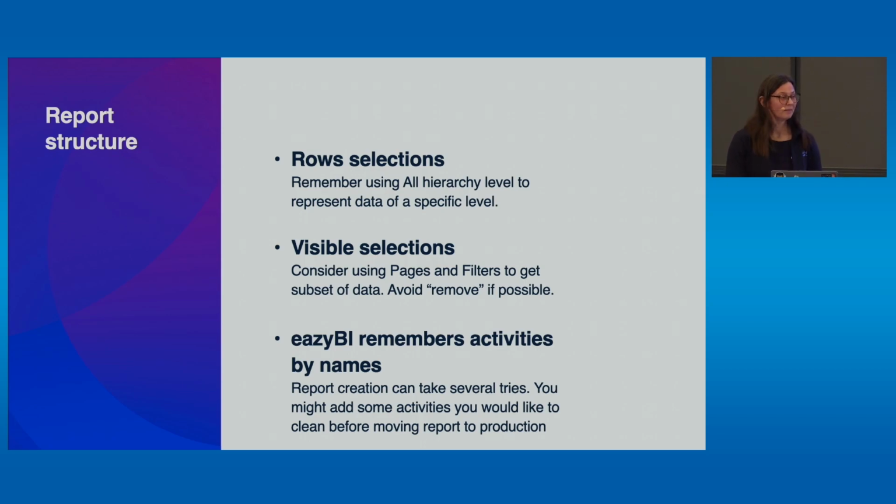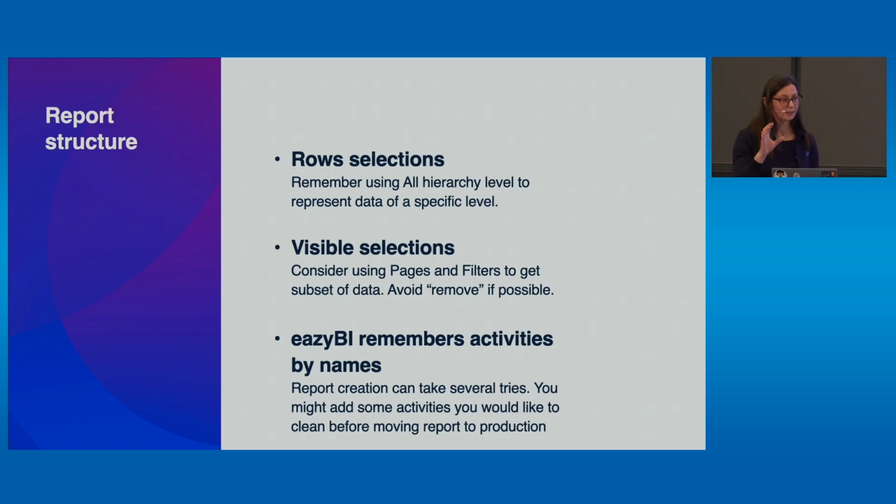So remember report selections. While I mentioned you can use selected members and add something special, deselect and disable, I would suggest considering using a specific hierarchy level if you are using data.